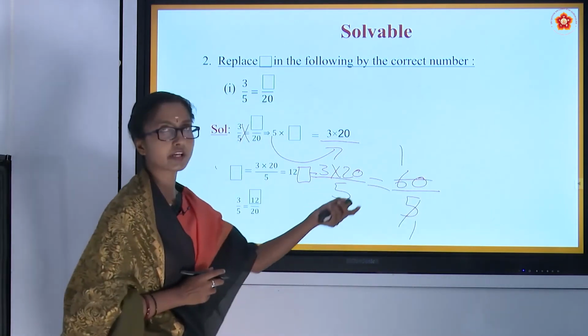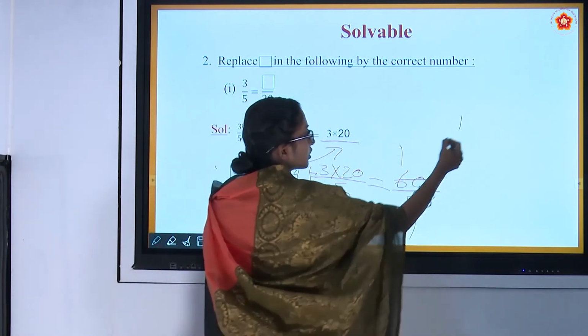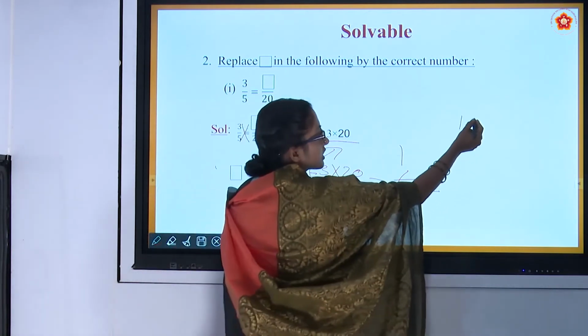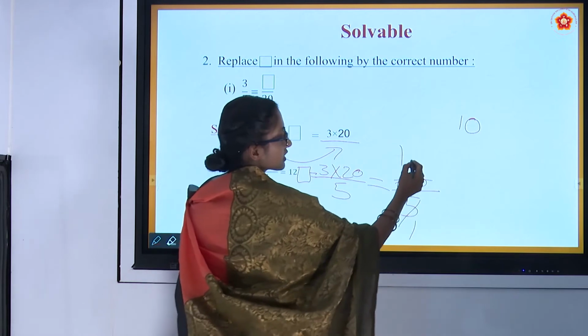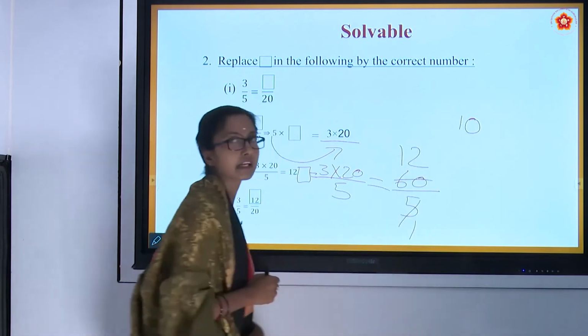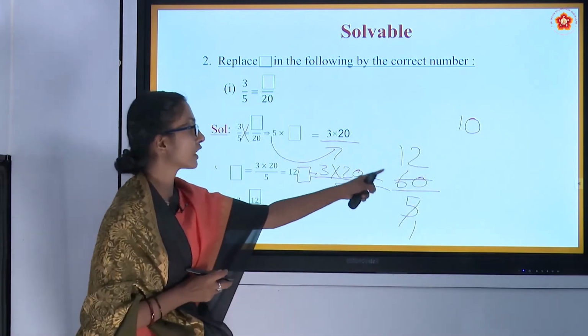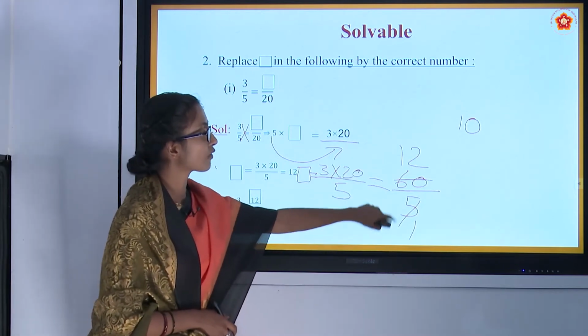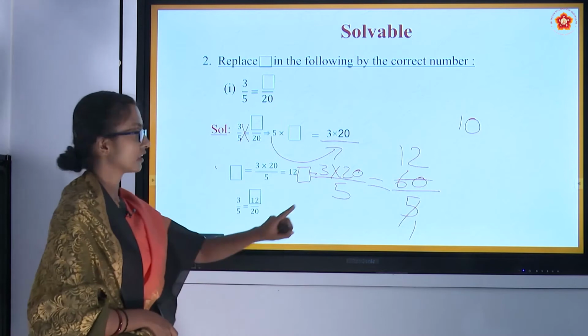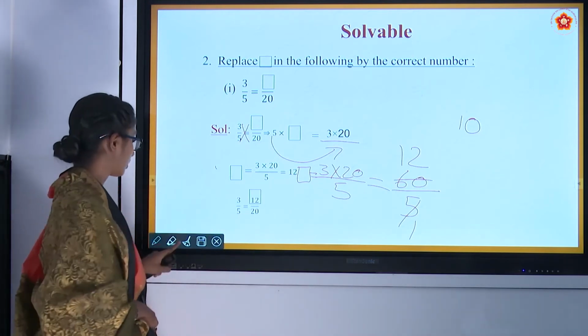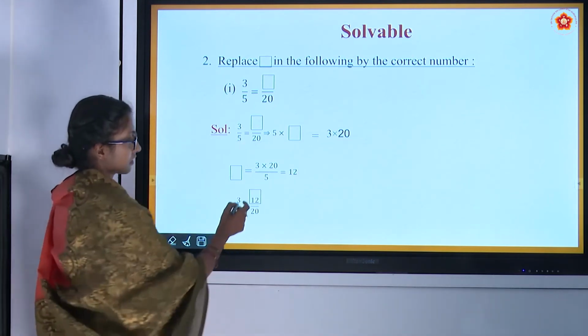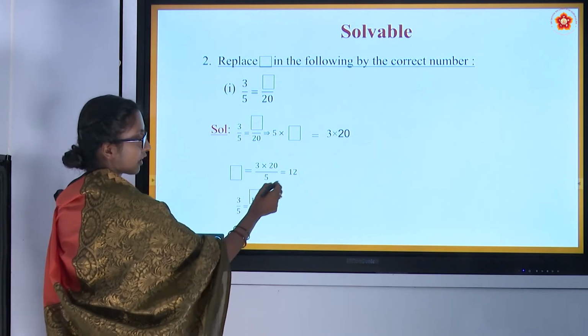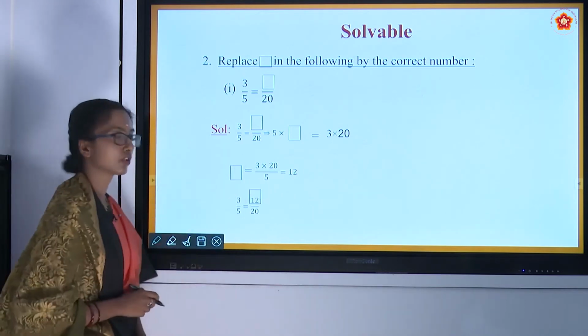In 6, 5 goes once, 1 remains. Beside it 0 is there, that is 10. 5 twos are 10. So 5 twelves are 60. The answer will be 12. So 3 into 20 divided by 5 is equal to 12.